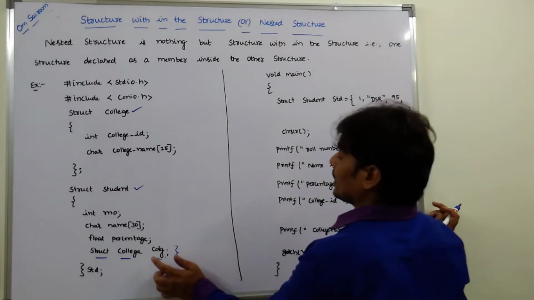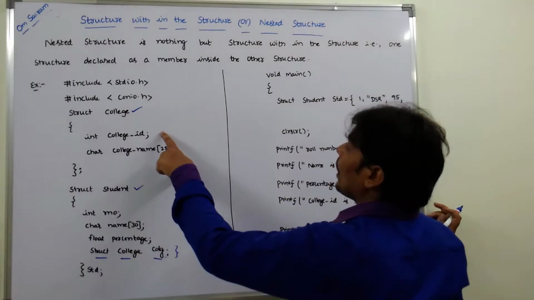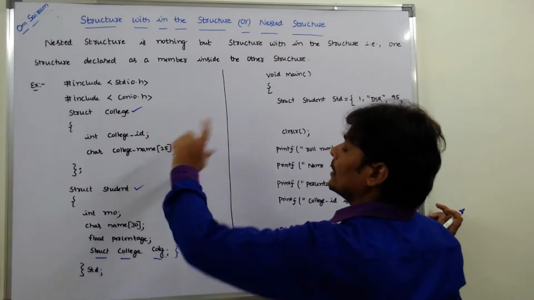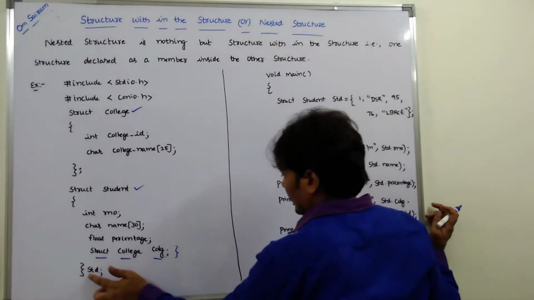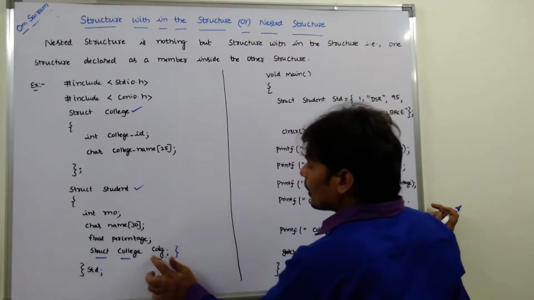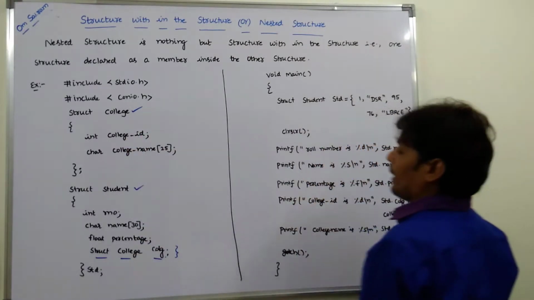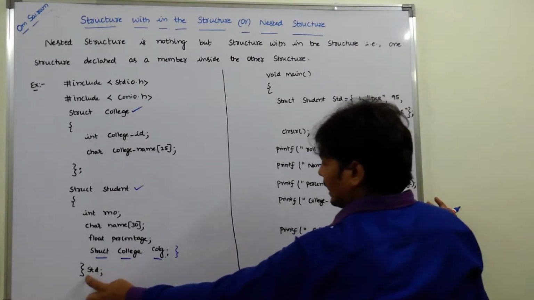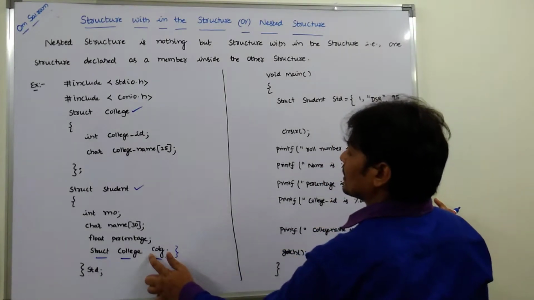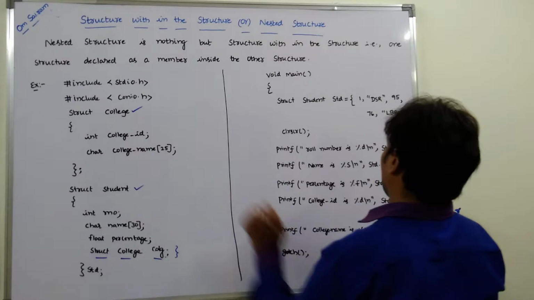Next, go to this one. When we are asking how to access this member, it is the structure variable dot this structure variable dot college ID. So that is std dot colg dot college ID.